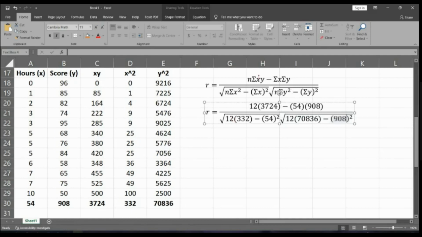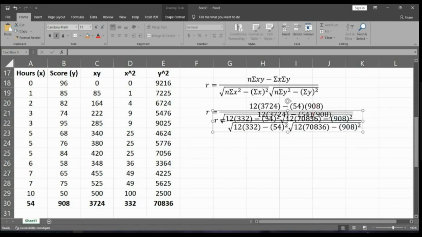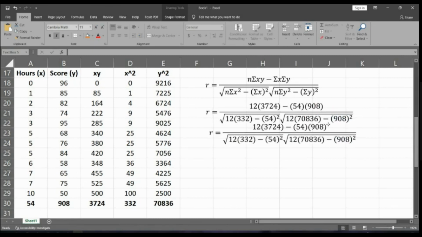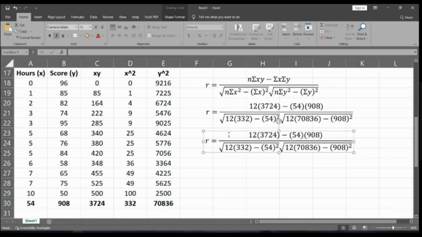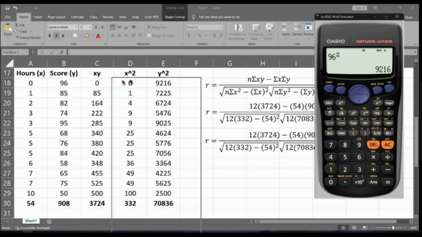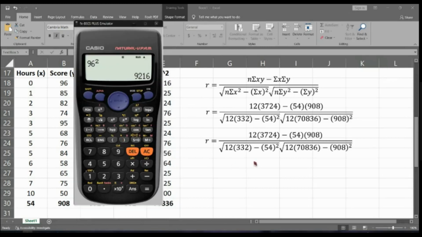And then that's it. Okay, let us simplify each part, the numerator and the denominator. Let's start with the numerator using our calculator. So just input everything. 12 times 3,724 minus 54 times 908.